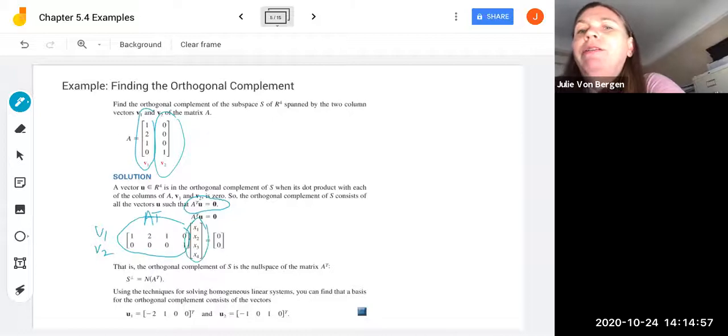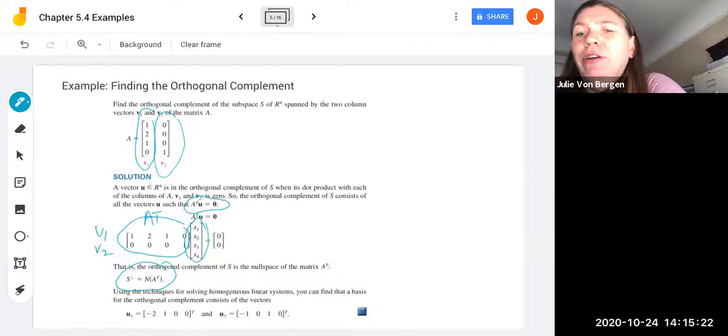We'll represent u as x1 through x4, and then we set this equal to 0. So we can say that the orthogonal complement of S is the null space of the matrix A transpose. So S perp, or the orthogonal complement of S, is going to be the null space of A transpose.